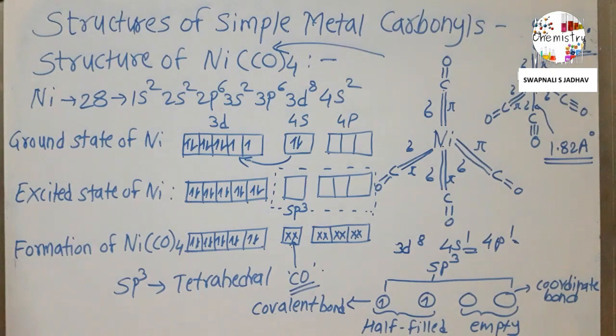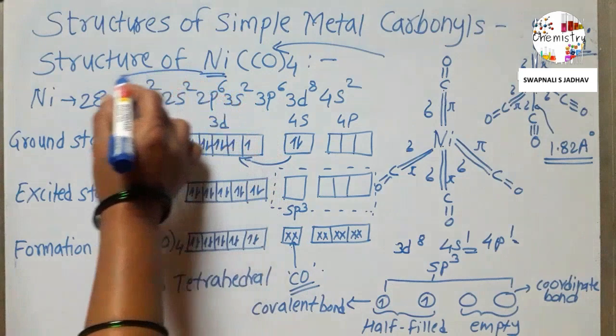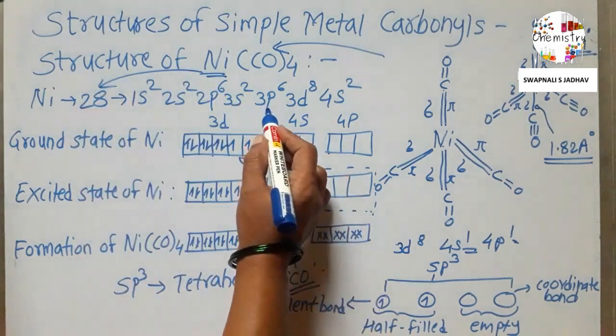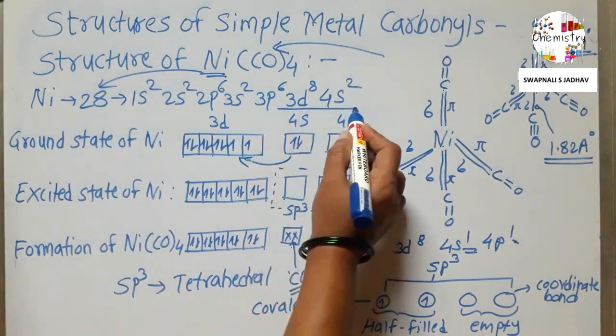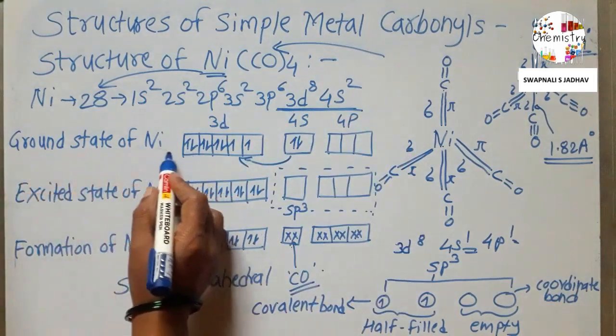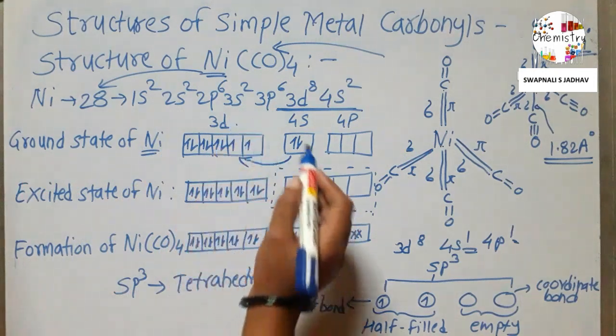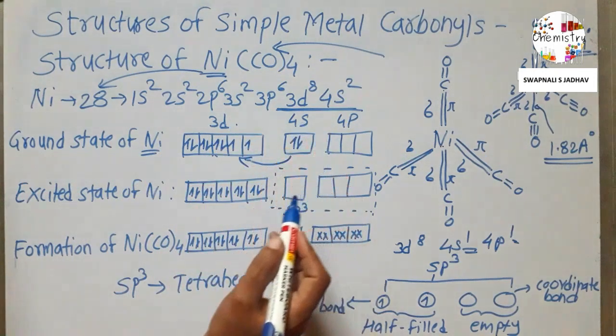So in Ni(CO)4, the metal atom is nickel having atomic number 28, with outermost electronic configuration 3d8 4s2. So in the ground state of nickel, it contains 8 electrons in 3d and 2 electrons in 4s.